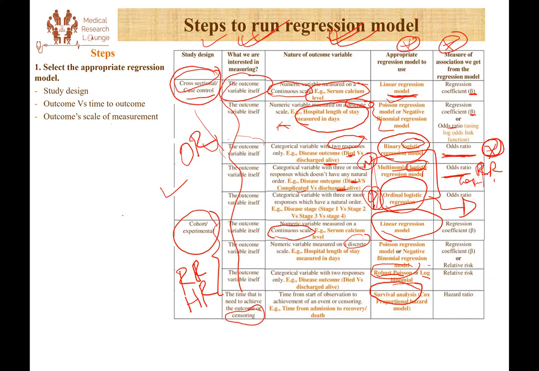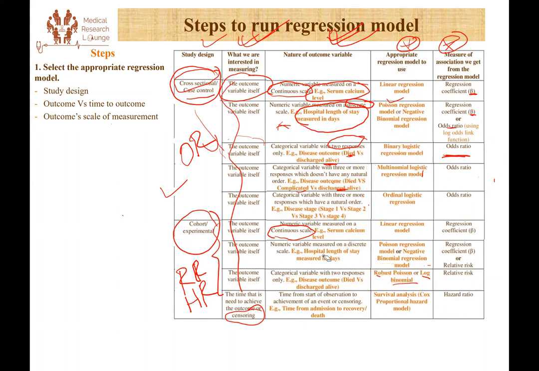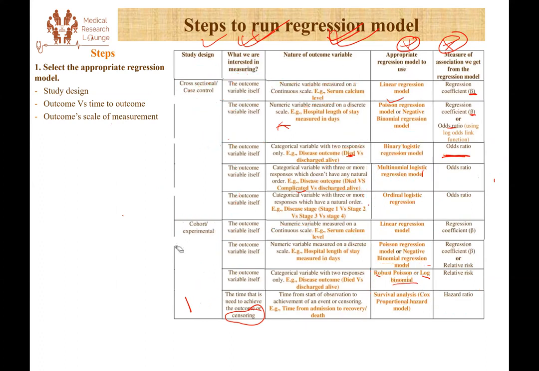So from this type of analysis, what we get is hazard ratio. So basically, some of the, I can't say commonly used, but some of the regression models that we should commonly use are these. I hope it makes sense. So let's continue with the other methods that we should follow.